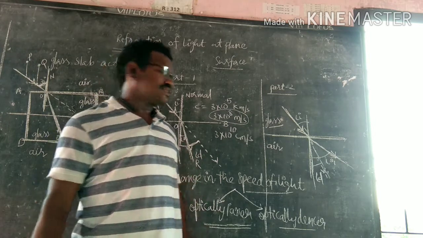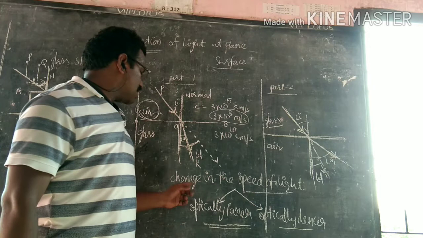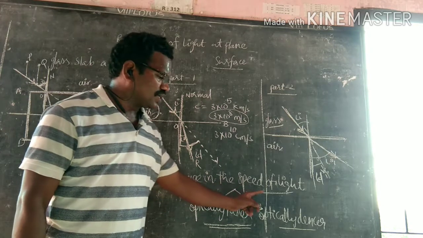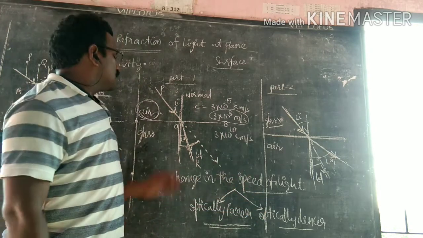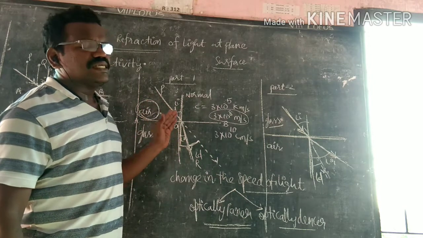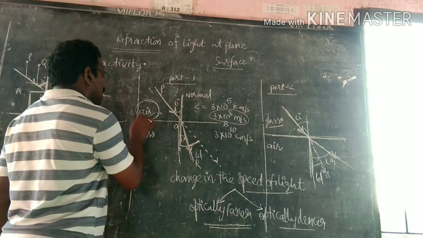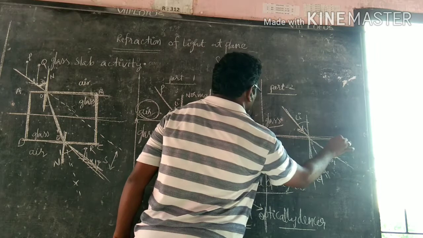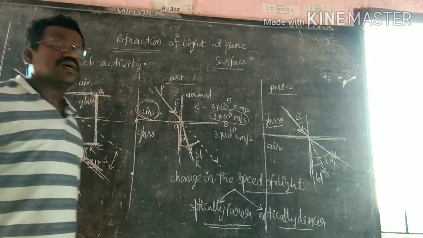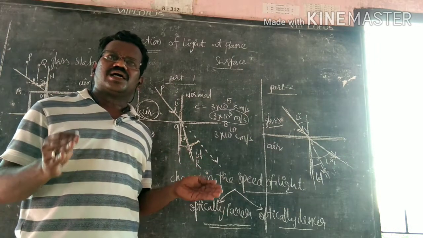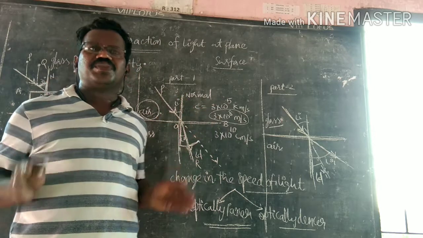Sir, why are we discussing the speed of light? Because of the change in the speed of light only, the light ray is deviating from its path at the interface of different kinds of optically rarer and denser media.